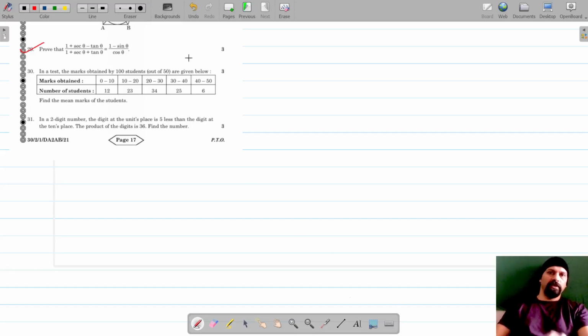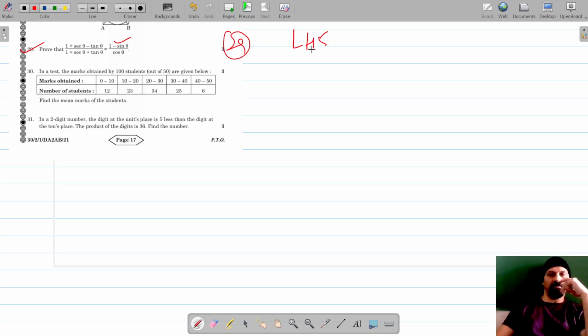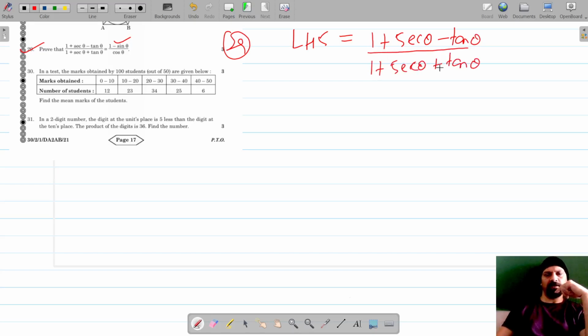Okay, for question number 29, we have to prove that the LHS of the identity is equal to the RHS. So I'm going to write down LHS, which is 1 plus secant theta minus tan theta upon 1 plus secant theta plus tan theta.